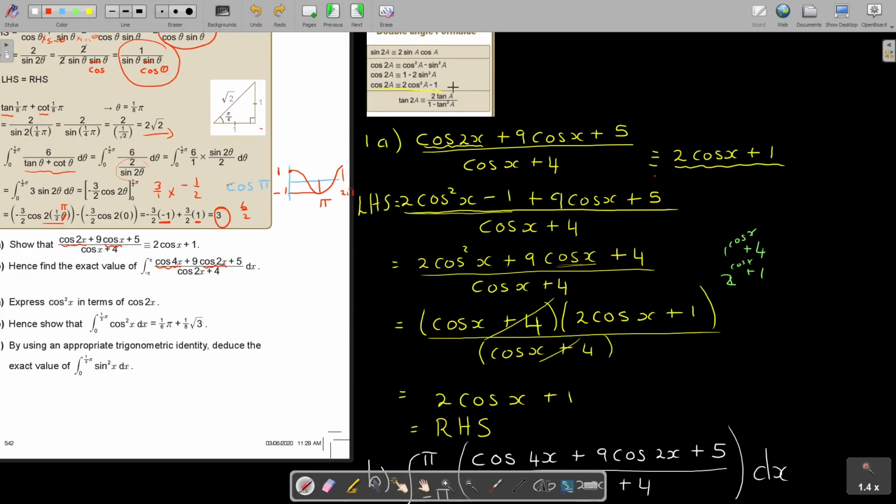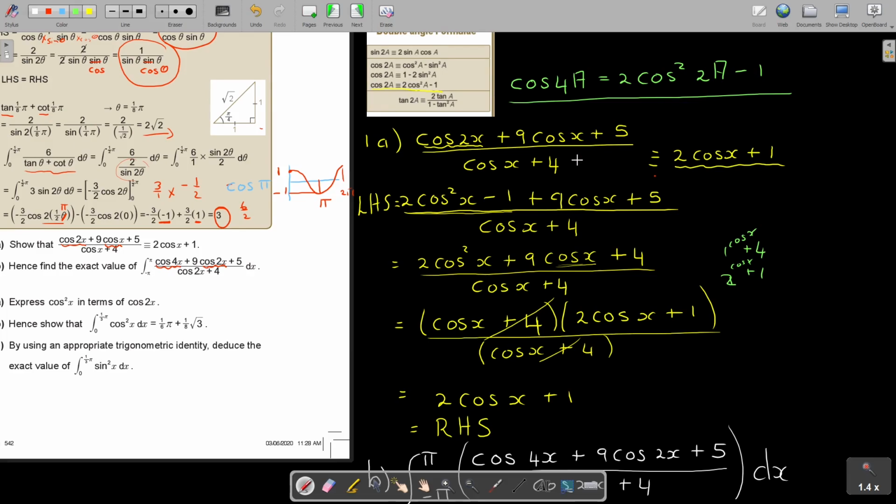I will start first with this identity, the double angle identity. So if I change this, if I make it cos 4, okay, let's call it A, doesn't matter. And that will then be 2 cos squared, and then 2A, the half of this one, minus 1. And we did this in previous videos.